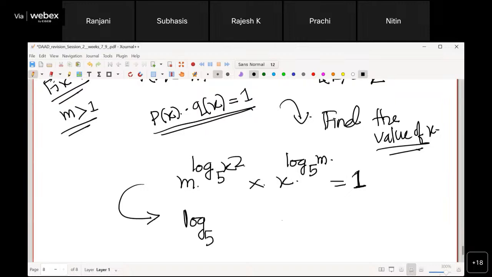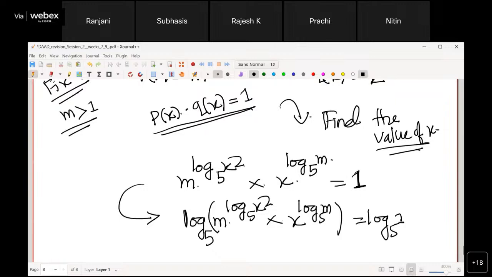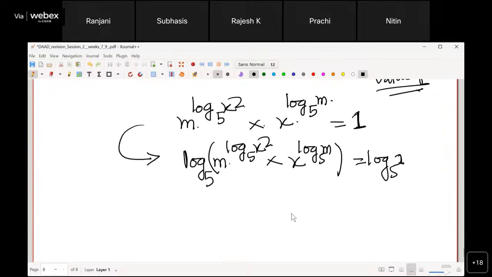So this is log 5 of m power log 5 x square, times x power log 5 m, which is log 5 of 1, right? What is log of a times b?